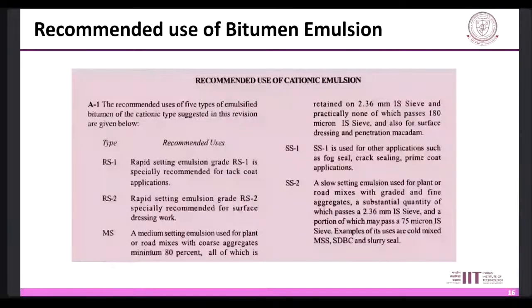If it is a granular layer and a binder layer, then here we will apply prime coat. And if it is between a wearing course and a binder layer, we generally apply tack coat.